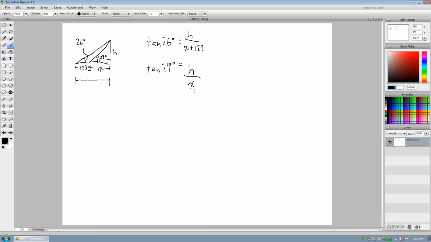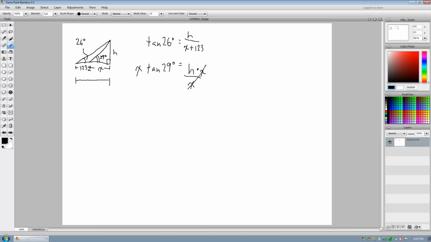So now we have two equations, and now we have to put them together because this is a system of equations. We put them together so one of the variables goes away, and then we can solve the remaining equation for the remaining variable. I'm going to isolate h by multiplying both sides of this equation by x. It cancels over here.